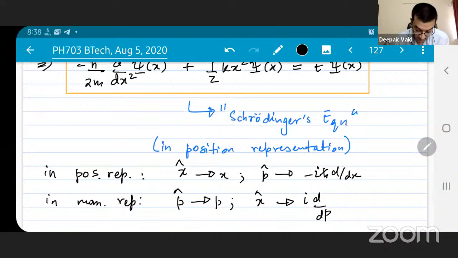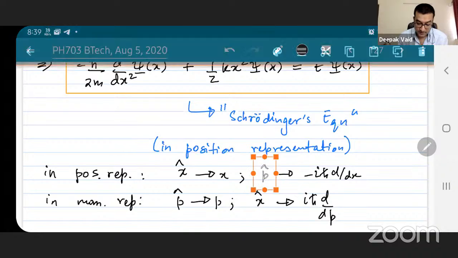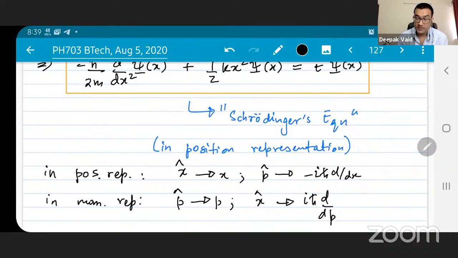So where should that factor of h bar be? It will be here only. You can look at the first expression: p hat divided by h bar gives me d by dx, so 1 by x. So x goes as h bar by p. So h bar has to appear here.